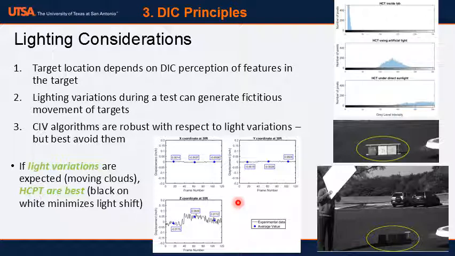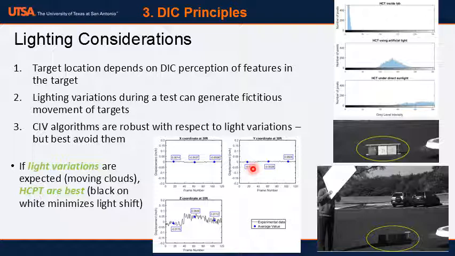In summary here, even though the algorithms are pretty good and they do a decent job at not introducing those fictitious movements due to light changes, it is best to avoid light variations during tests. So try to test while the sun is up, or not where clouds are moving in and out, if you have the luxury.